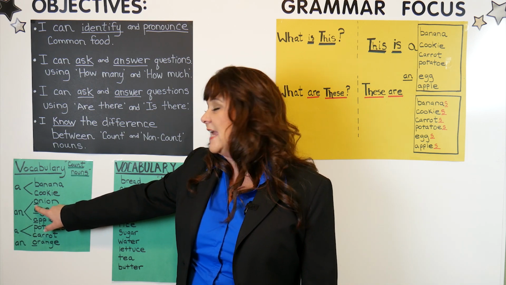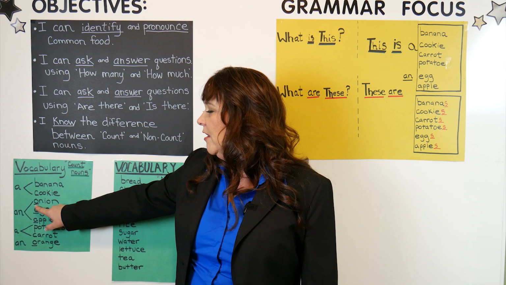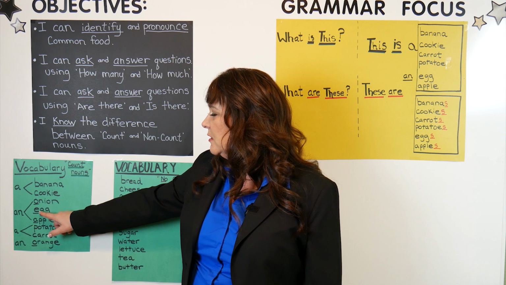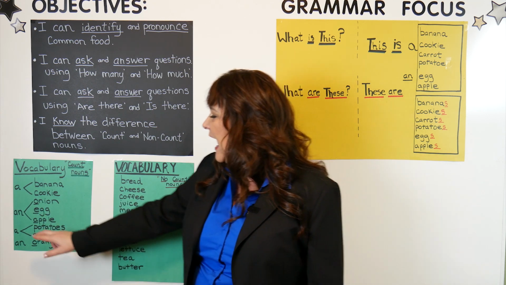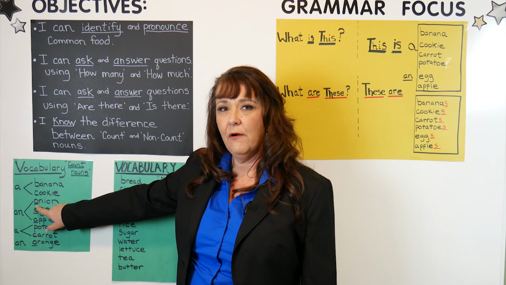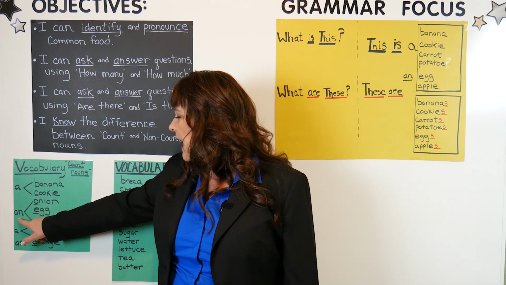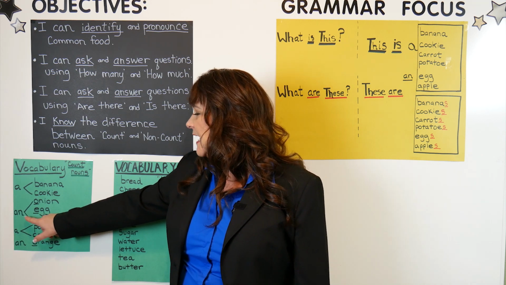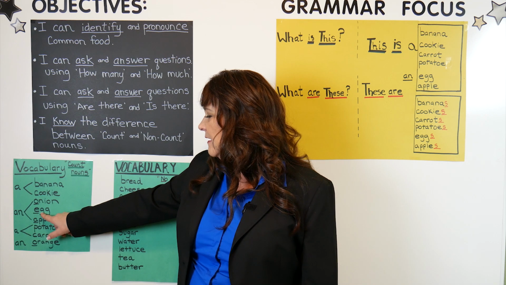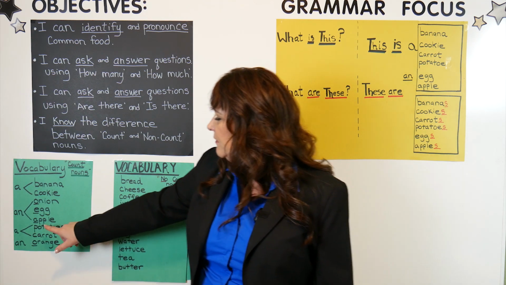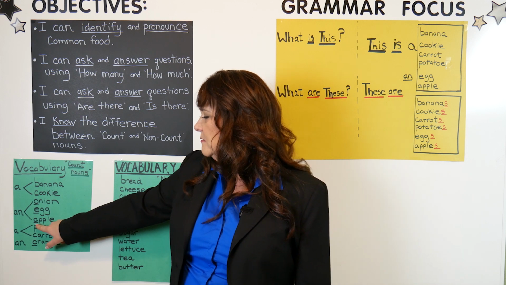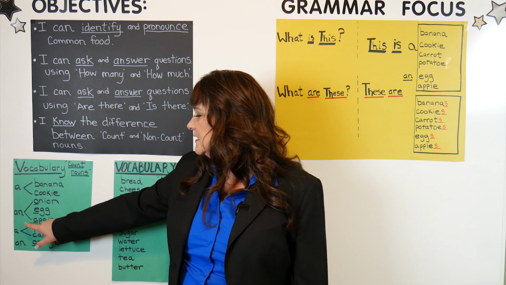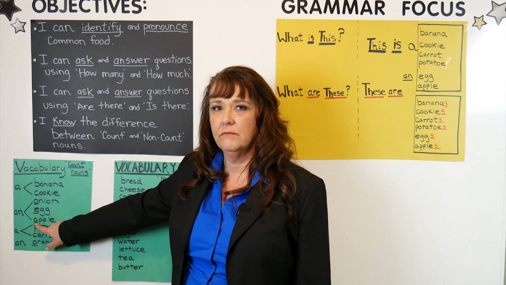A vowel is A, E, I, O, or U. So when a word or a noun starts with a vowel, we say an. O is a vowel, onion, an onion. E, it's a vowel, so we say an egg. We also, if we look, what is this word? This is the word apple. Apple starts with an A, so we say an apple.